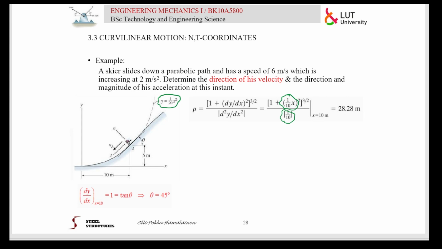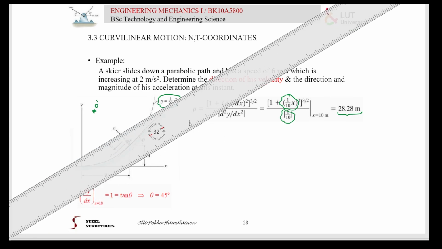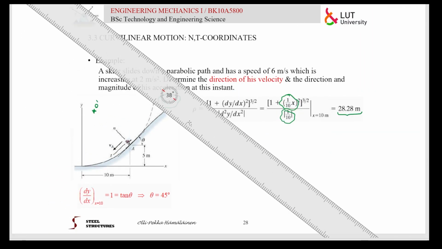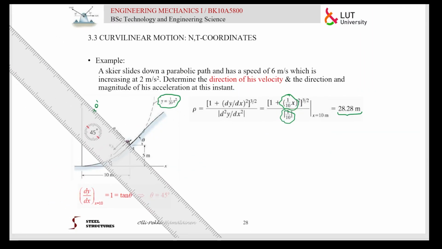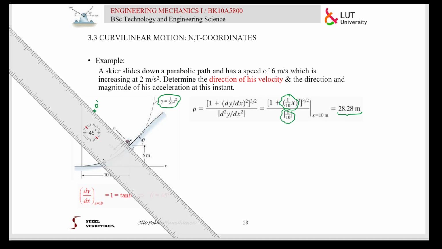And when we ask what happens when x equals 10, the radius of curvature at that instant is 28.28 meters. Meaning if I have something here, and this is the radius of curvature, at point O prime, then you could say that, let me go back to this 45, more or less like that.